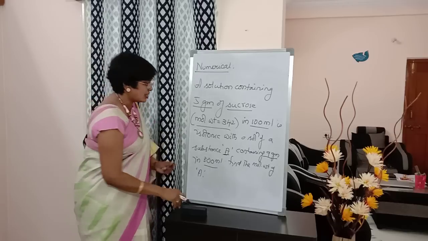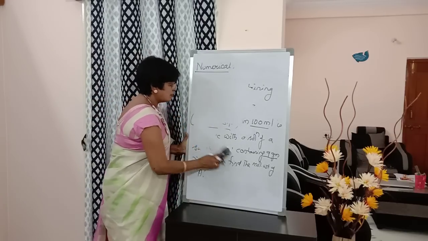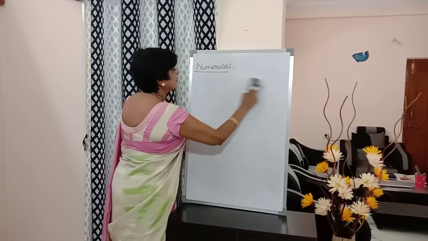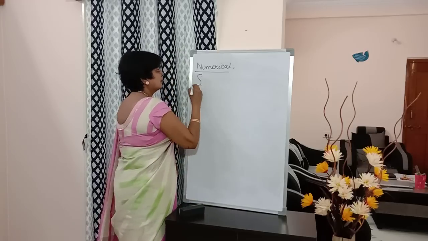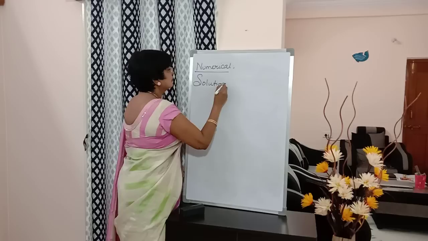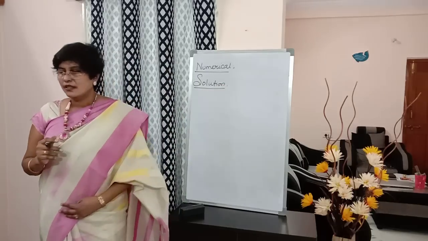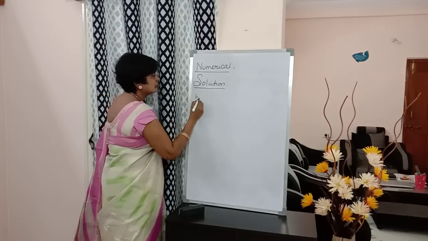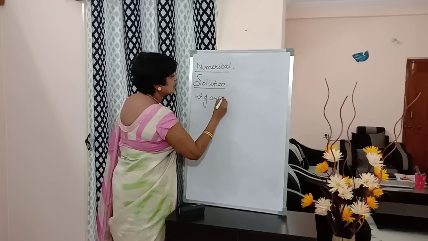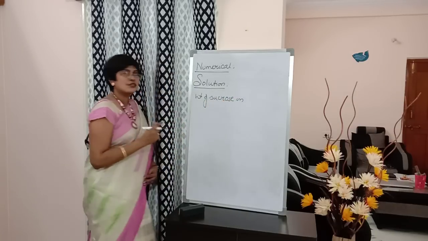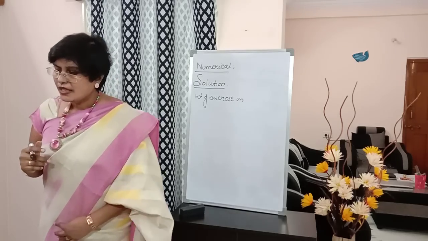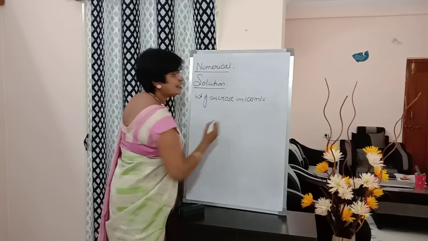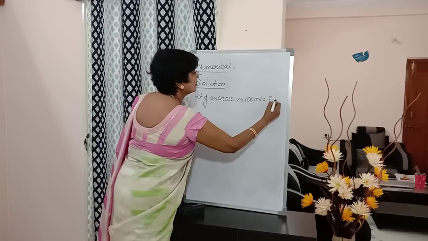Write down the solution. So how to do the solution? Put the side heading solution. Write down, students, weight of sucrose in 100 ml is equal to, in 100 ml, how much it is given, students? 5 grams.